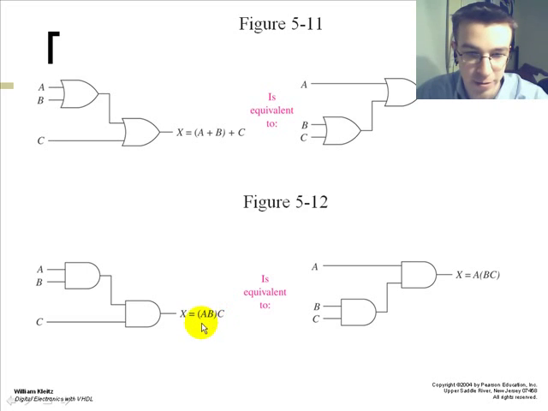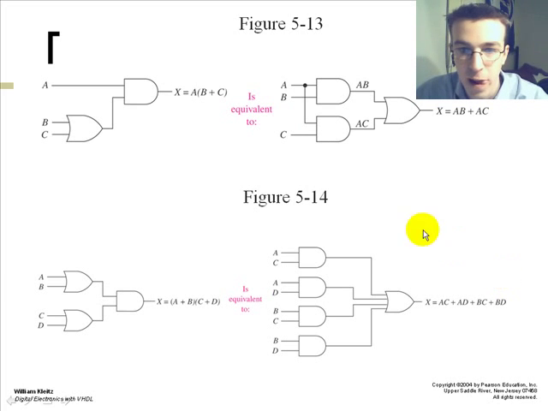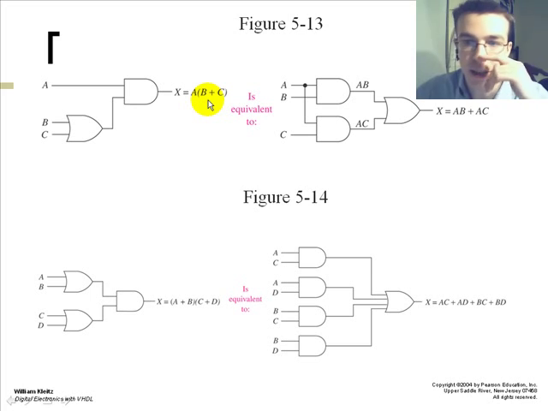And we have this equivalent form using A times (B times C) is equivalent to (A times B) times C. And we have the third form, A times (B plus C) equals A times B plus A times C.